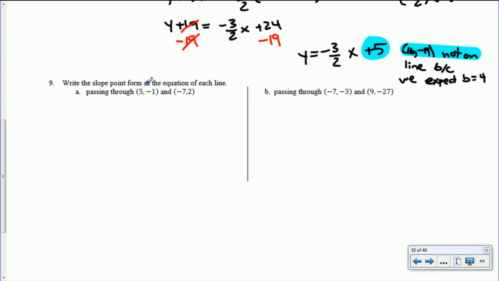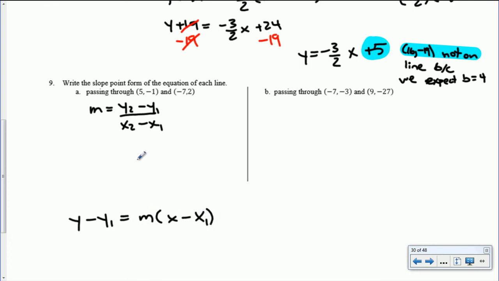Write the slope point form of the equation of each line. So something passing through 5, negative 1, and negative 7, 2. So first off, it would be helpful, I guess, to find out what the slope is. So we can use this to figure out what the slope is, right? Because eventually we're going to have to get to this.